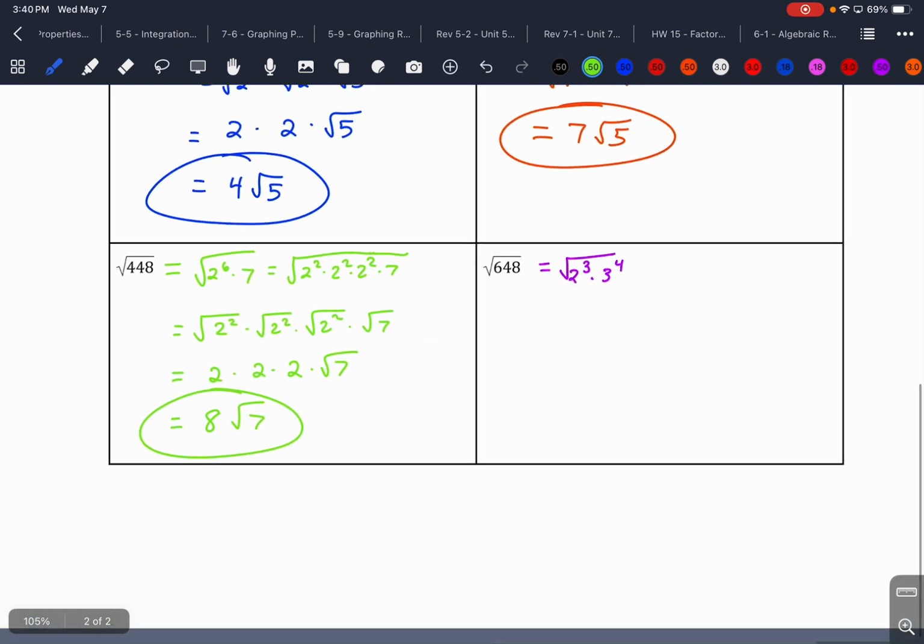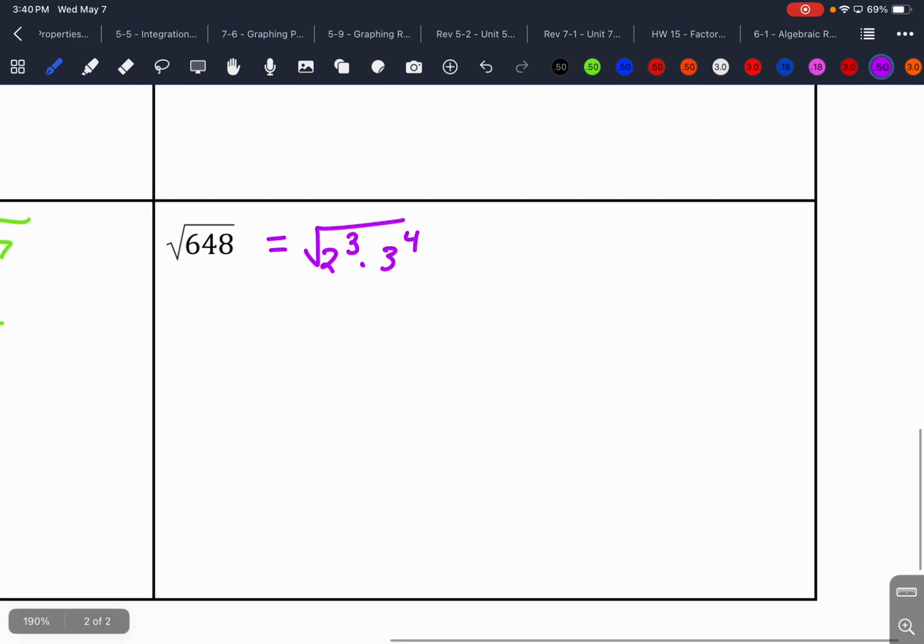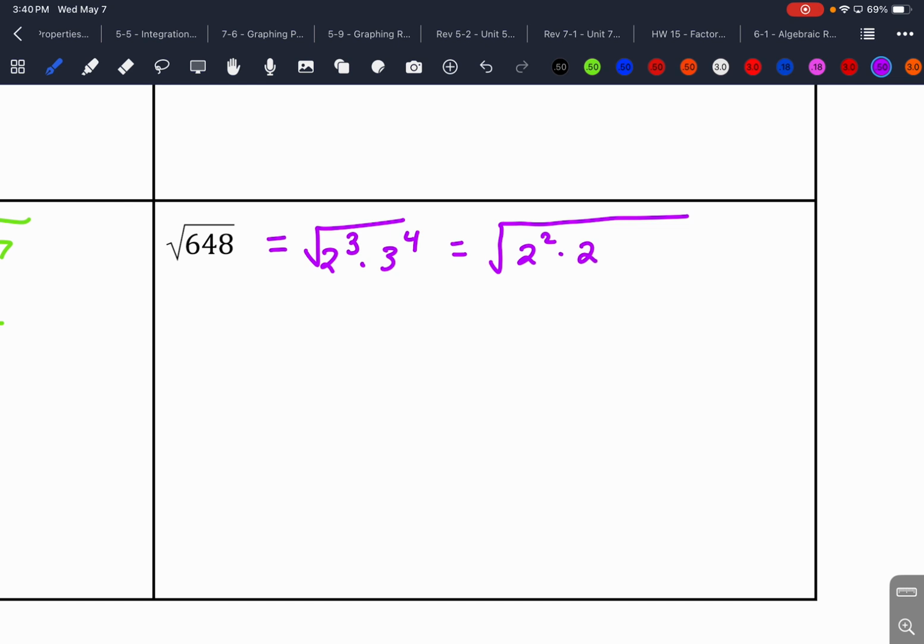Now this one's a little trickier. In this one, if I'm breaking this up with just squares, there's 3 2's, so there's a pair and one left over. But there's 2 pairs of 3's, okay?